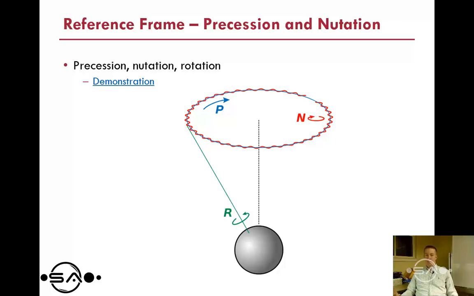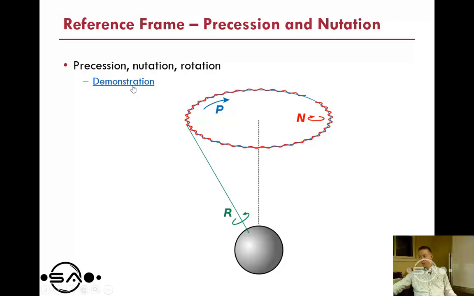So this is kind of a body fixed coordinate system where we do 3 rotations in order to get to our frame. So maybe we rotate about Z, and now we're at our intermediate system, and then we nutate. We have a nutation angle, so maybe we rotate about Y in order to tilt it, and then finally the Earth is going to rotate about that final Z axis, and so obviously the coordinate axes, if they're fixed on the Earth, will spin, and so that'll be our rotation angle.